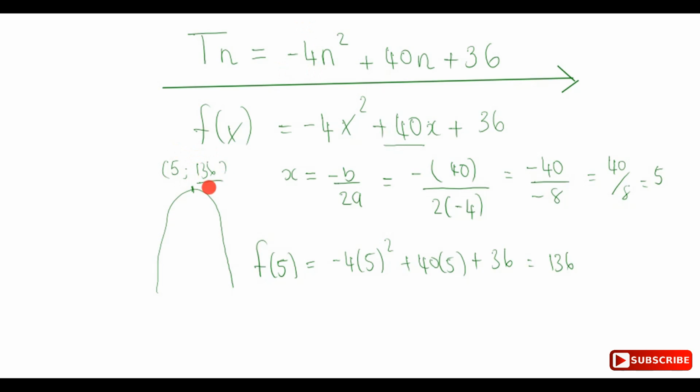That tells us that the maximum value of this quadratic function is 136, which is the same as the maximum value of this quadratic sequence. So if you don't see the differentiating part, you can also use the analogy of a quadratic function to help you answer this question. Okay guys, let us move on to the next question.